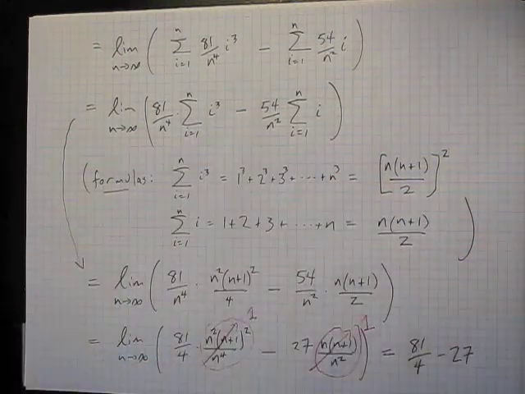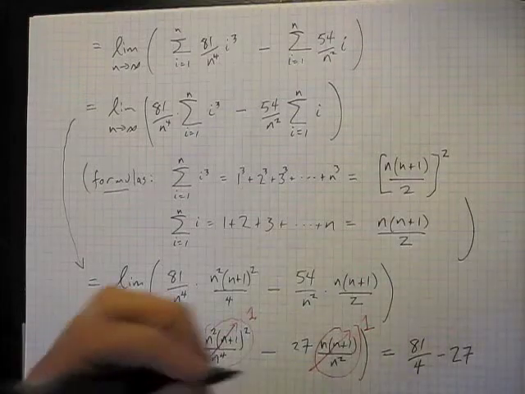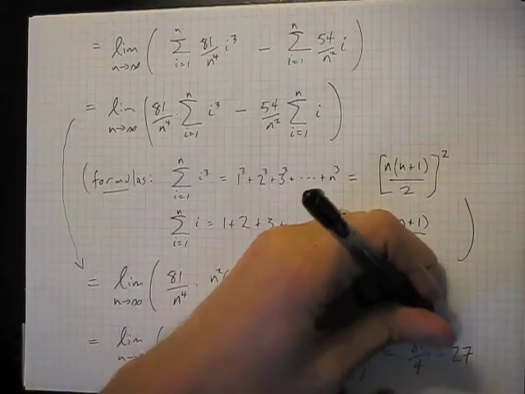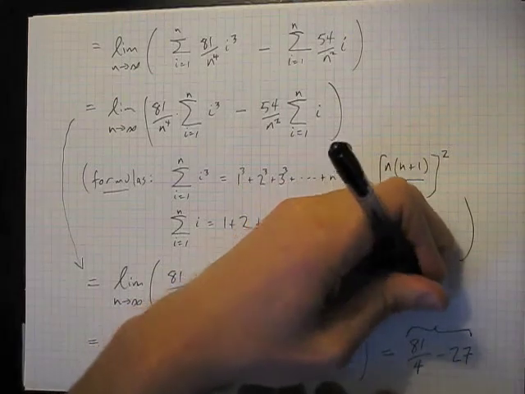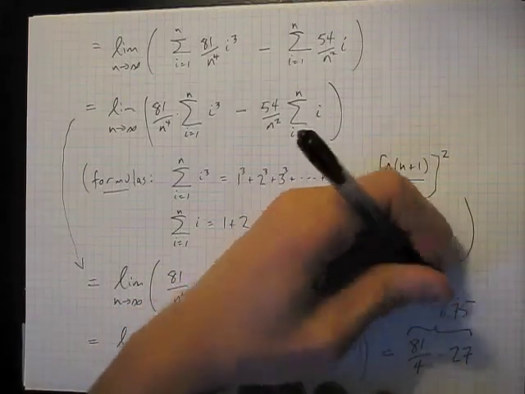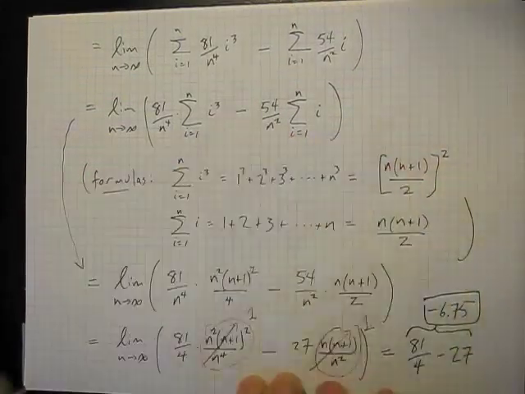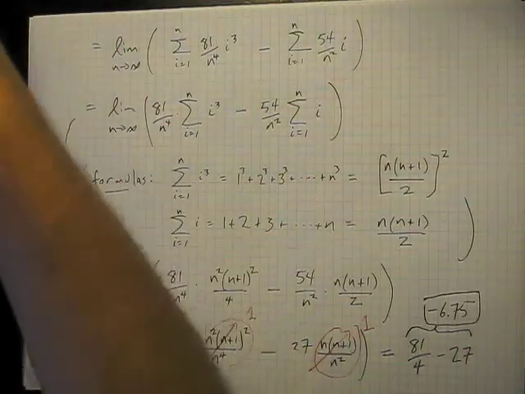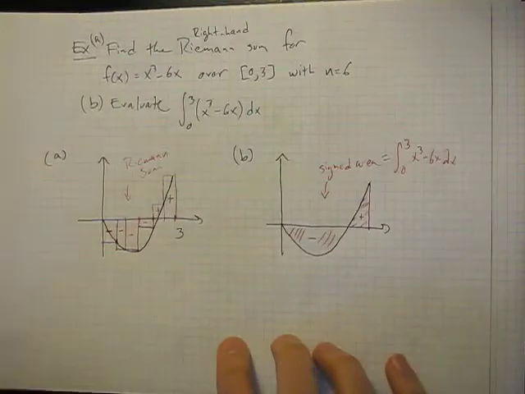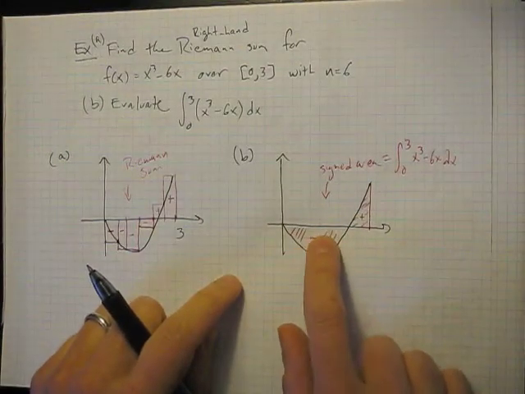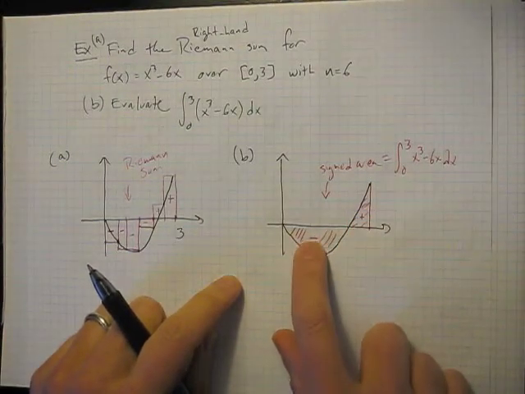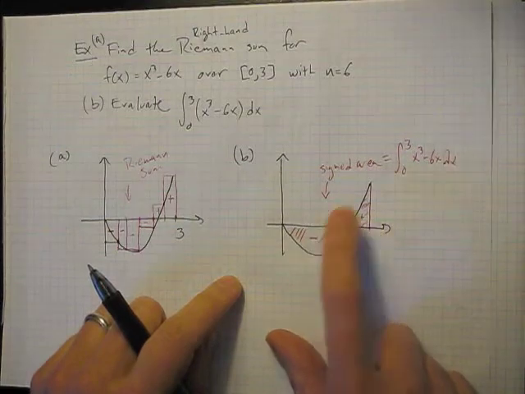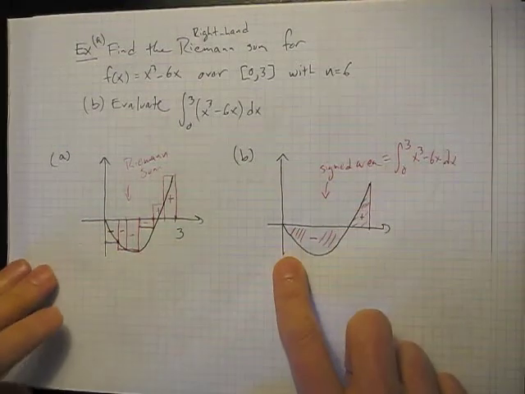Okay. Now if you compute this, then you will see that this is equal to minus 6.75. Okay. Negative again, because go back to our picture here. We expected there to be a little more signed area here than there was here, and so this is counted negatively, this is counted positively, so you expect the net answer to be negative.